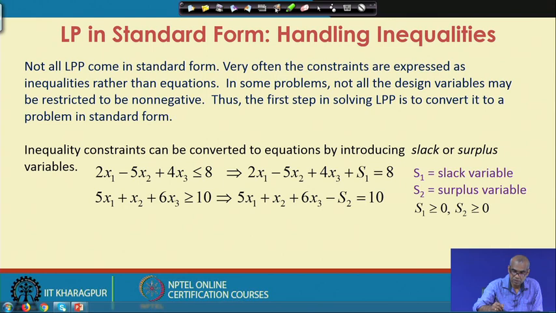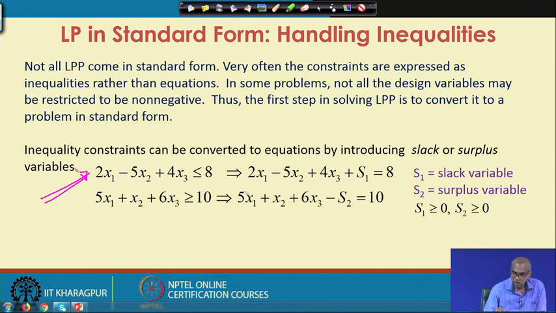For example, let us consider this inequality constraint: 2x1 minus 5x2 plus 4x3 is less or equal to 8. So, the left hand side part is less or equal to 8. So, to make the left hand side equal to 8, I must add some non-negative value to the left hand side, so that it becomes equal to 8.